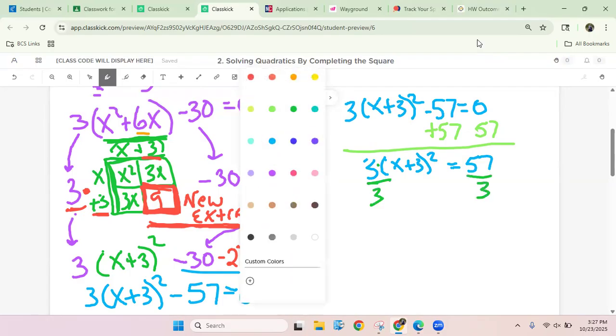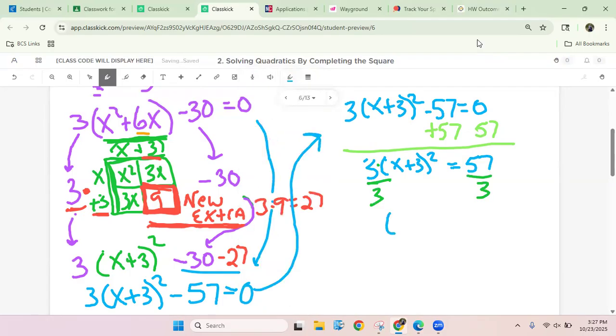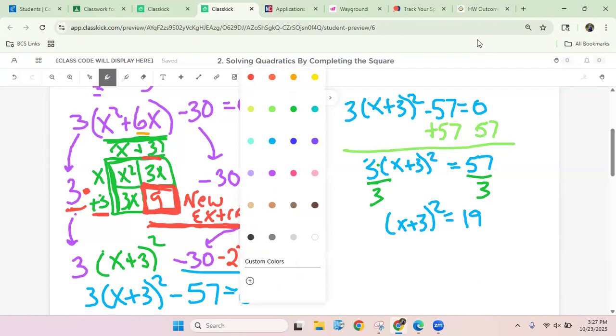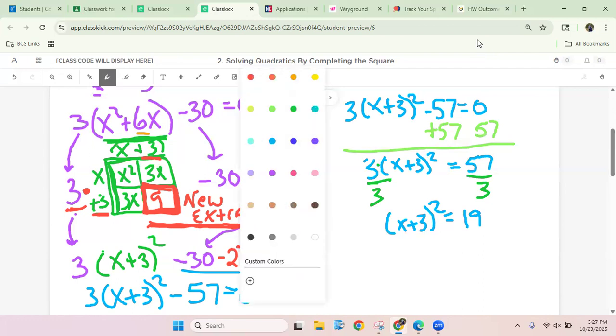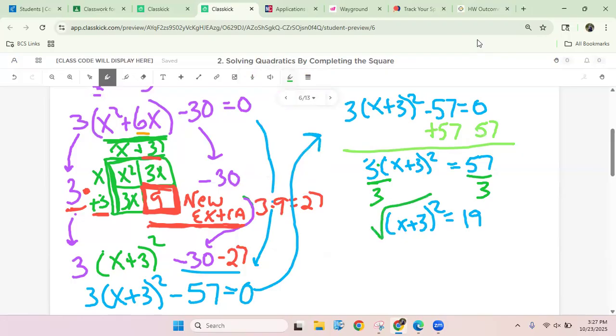When we do that, we get x plus 3 squared equals 57 divided by 3. If you're using Desmos, that's cool. It is 19. And then we get rid of that square by taking the square root of both sides. So the square and the square root.